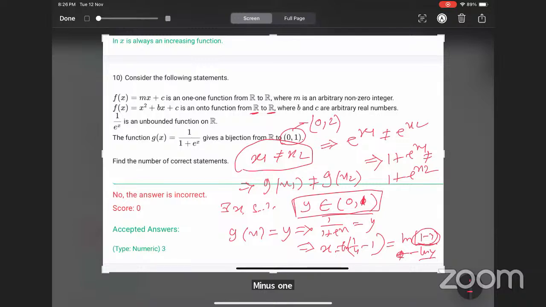Even in this case, since there is an open bracket, we should not take 0 and 1; it should be a number between 0 and 1, like 0.1 and 0.2. If it were a closed bracket, at the point 0 and at the point 1 we may face some difficulty, because log of 0 is not defined, right?